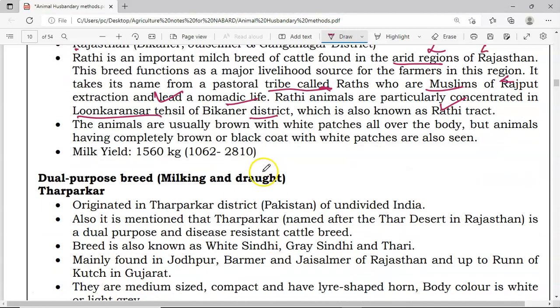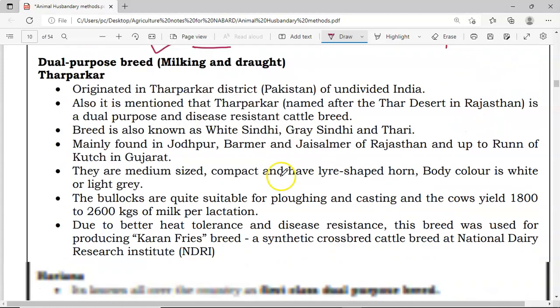In color, they are usually brown with white patches all over the body, but animals with completely brown or black coats with white patches are also seen. Milk yield can be 1560 to 2810 kg per lactation period.